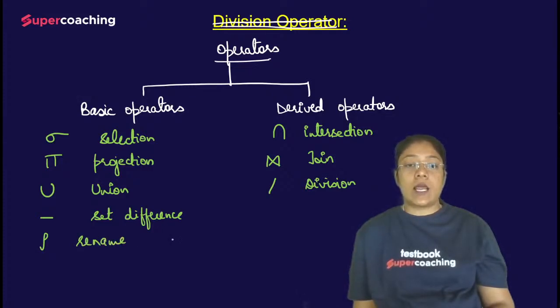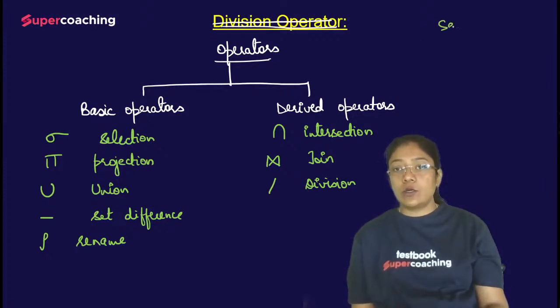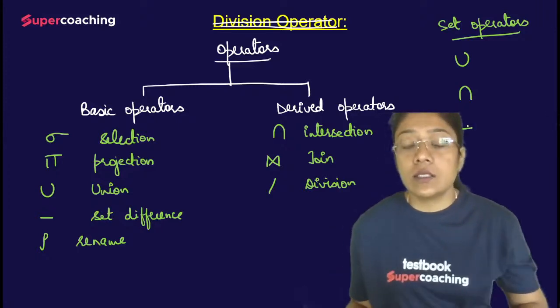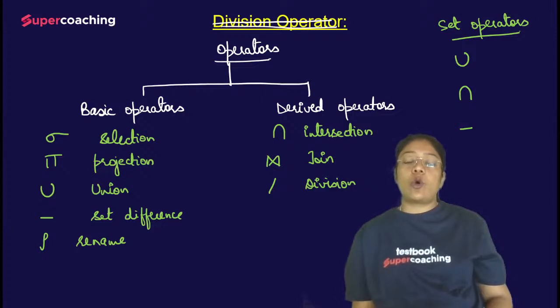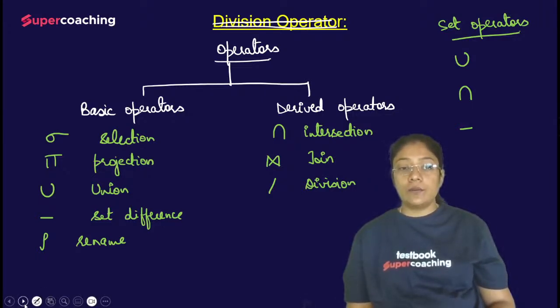These are the operators that we have discussed in today's session. And if we talk about the set operators, under the set operators, we have union, intersection, and set difference. So this is all about the basic operators of the relational algebra. I hope that this is clear to everyone.